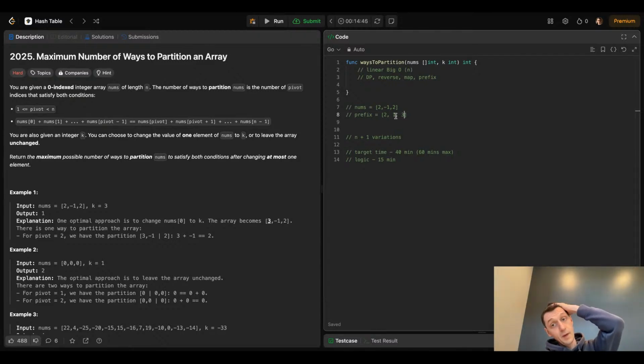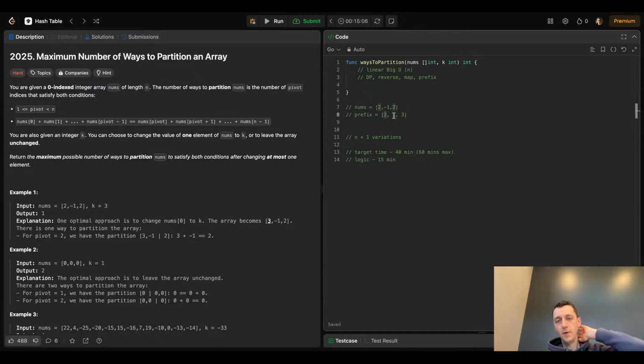And the way you know it is, this range, you know that this point is the sum of this range.